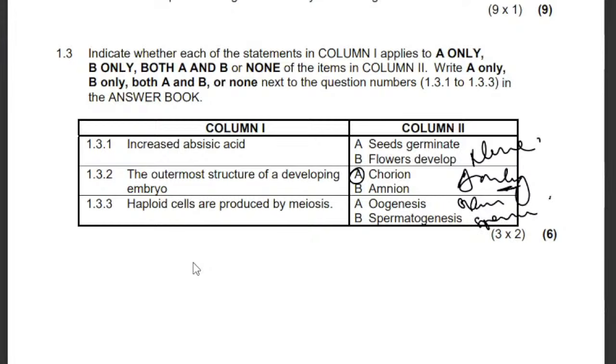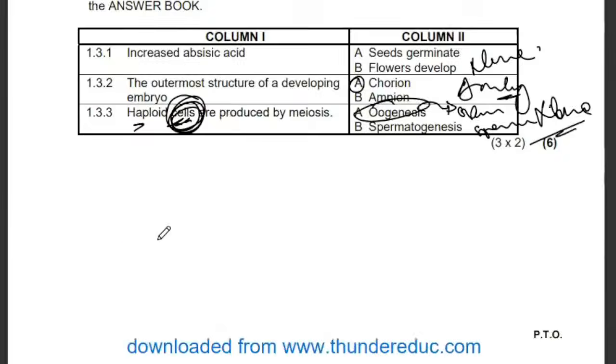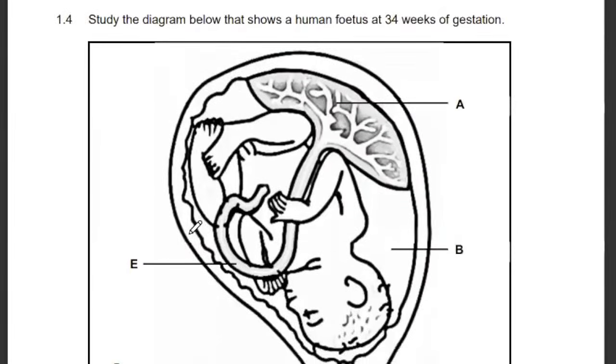They're not talking about the process. Yes, I know that this is oogenesis, which results in the ovum, but they're saying haploid cells. The key point here is cells, which are haploid. So even spermatogenesis results in the gametes, which are haploid, but they are not giving you sperms or spermatozoa. No, it's haploid cells. So here the answer becomes none. So that's the reason why that answer is none.